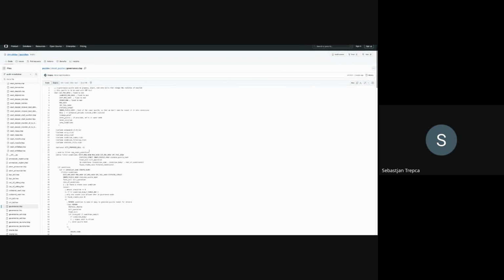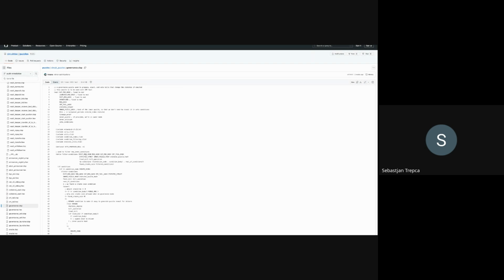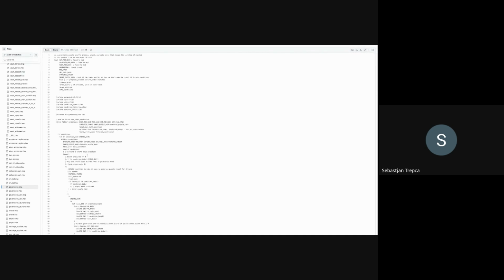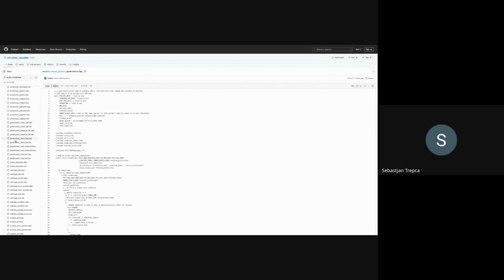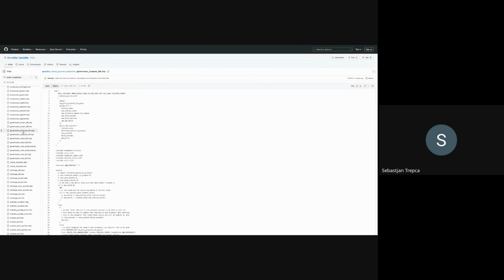As Nick mentioned before, we have the CRT tokens. They can create a proposal by using this governance puzzle and starting a proposal. So let's see. Basically, you propose a bill.